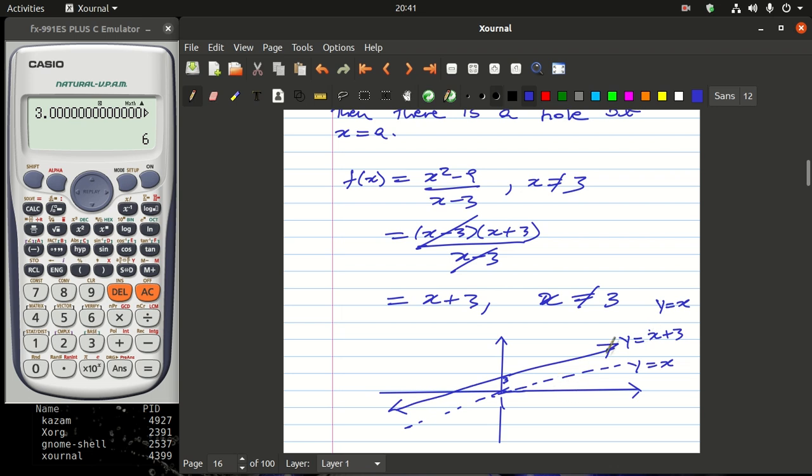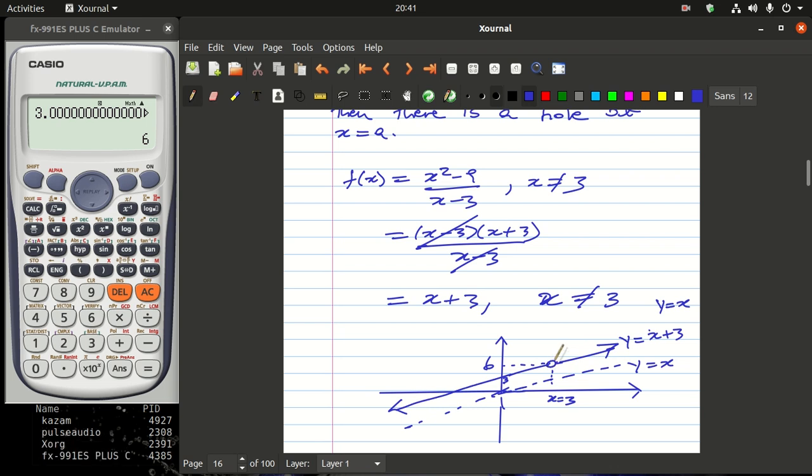Now, if you look carefully at this function, when x is equal to 3, the output was supposed to be 6, because if I plug in 3 here, I would get 6. But knowing that when I plug in a 3 here, I get 0 over 0, what I mean is that this function is going to have the same shape, except that at this point the function is not defined, but the undefined is just a hole.